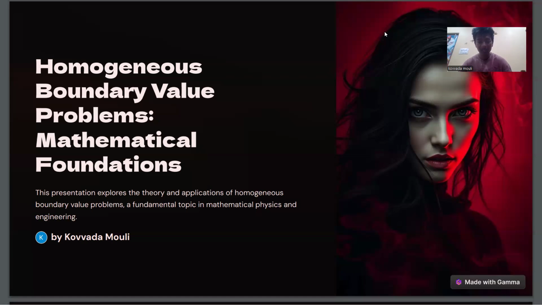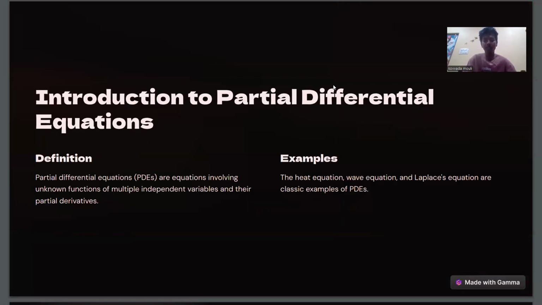And the next one is existence and uniqueness of solutions. For many homogeneous problems, the existence and uniqueness theorem guarantees a solution under certain conditions. The Fredholm alternative states that solutions exist if and only if the associated homogeneous problem has only the trivial solution.